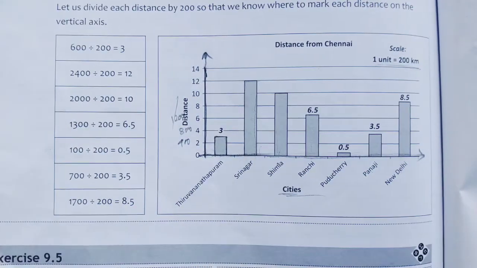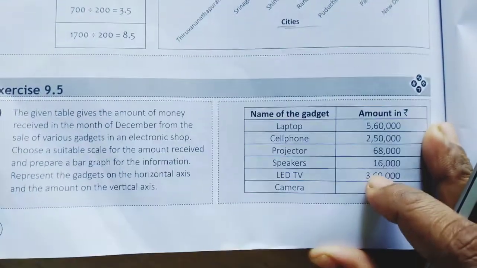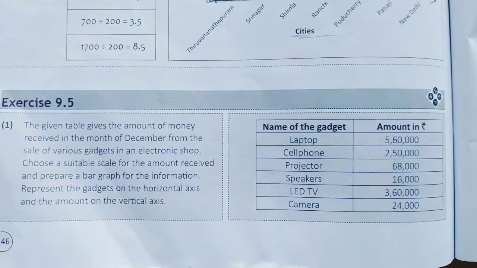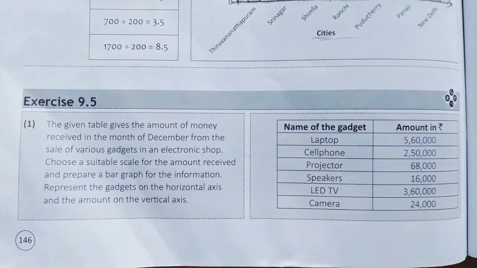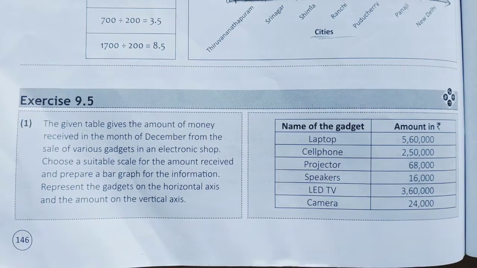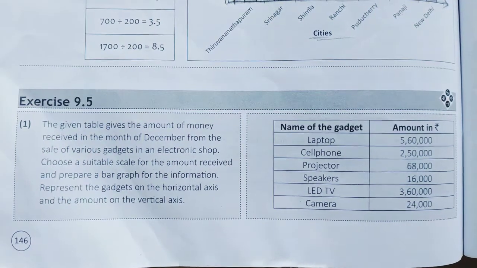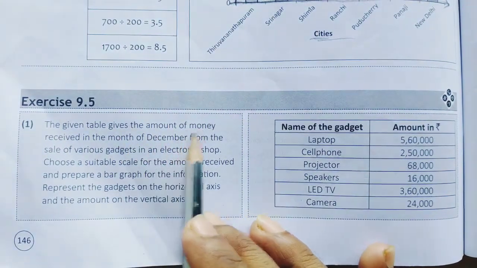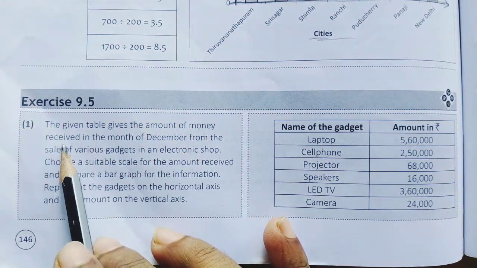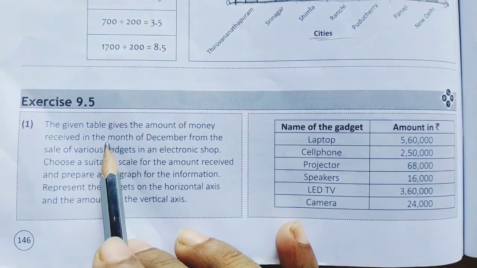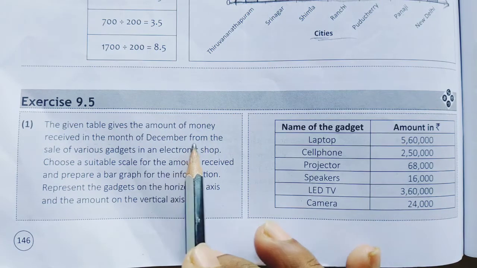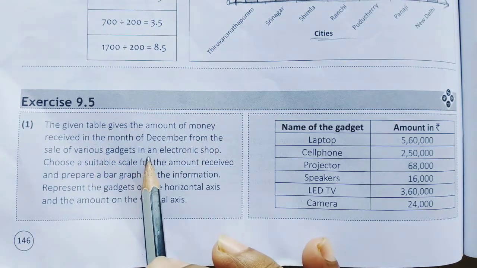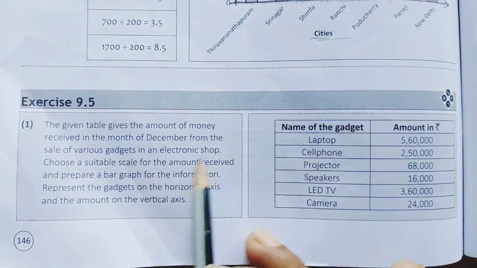Now in a similar way, just try to solve a question from exercise number 9.5. Here is the question. The given table gives the amount of money received in the month of December from the sale of various gadgets in an electronic shop.